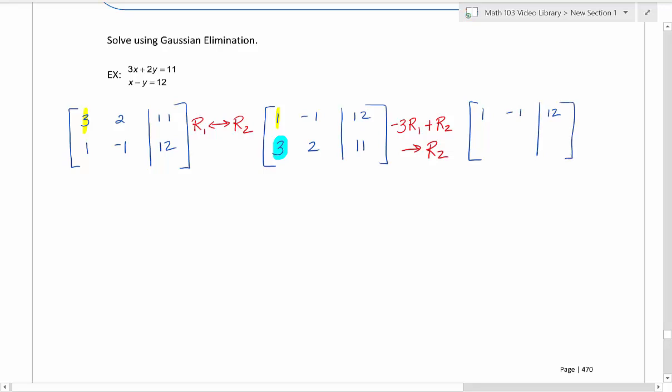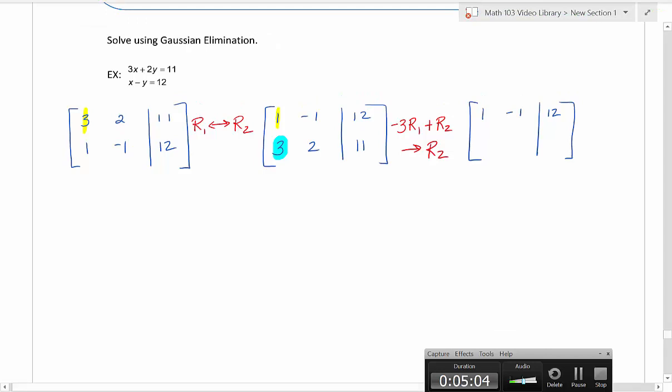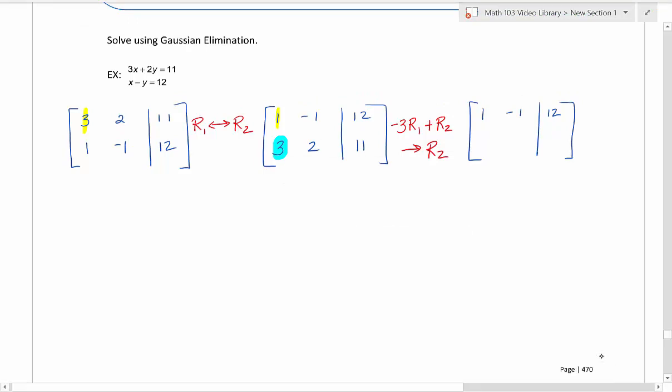And now we need to perform this row operation. I recommend doing some side work. So we need -3 times row 1, and then we're going to add it to row 2. So -3 times row 1 is -3, +3, -36, and we'll add that to row 2 as is.